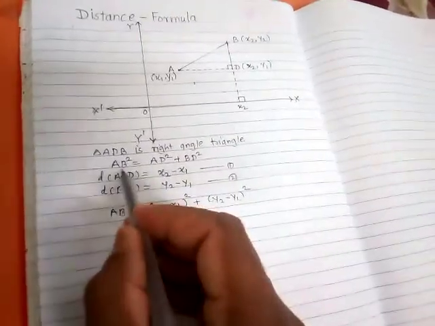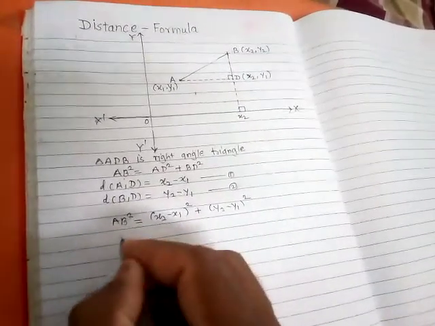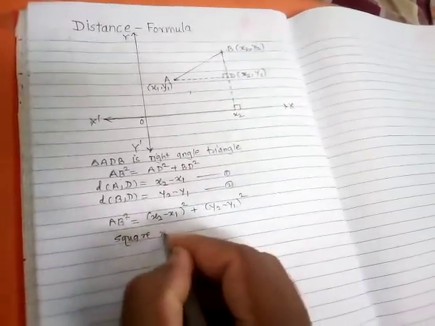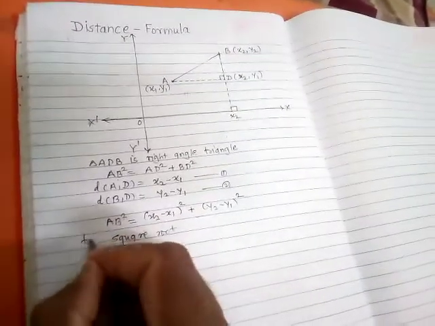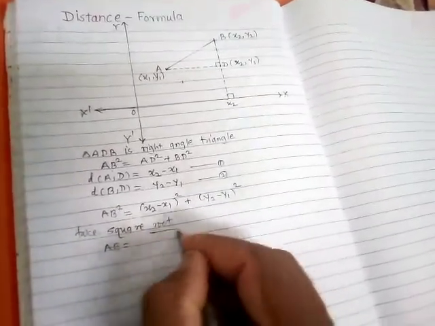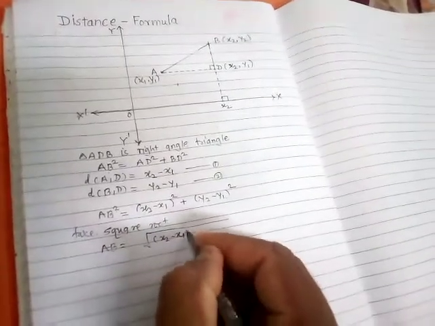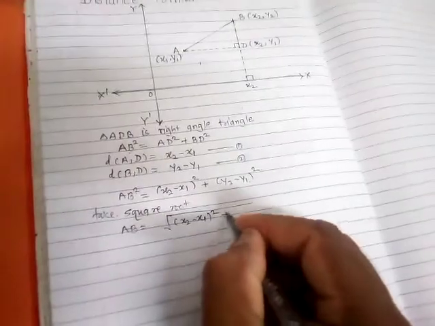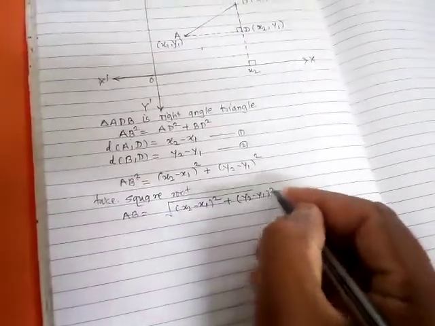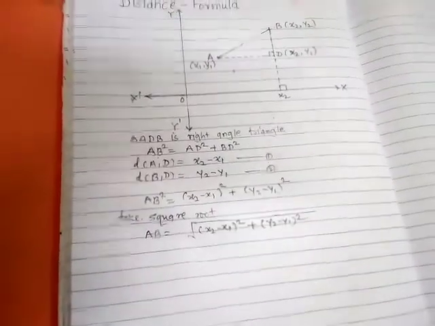We want only AB, so by taking the square root, we get AB is equal to the square root of (x2 minus x1) whole square plus (y2 minus y1) whole square, and this is the distance formula.